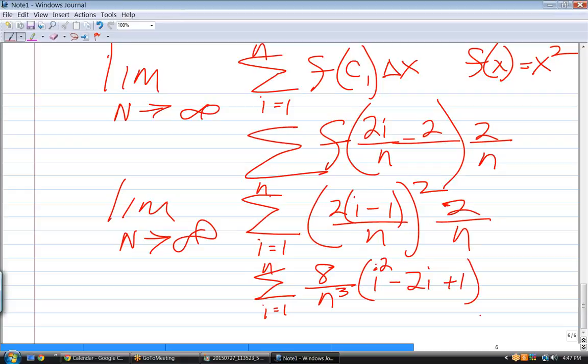The person that decided to use I as a variable in math was short-sighted, because it's really difficult on problems where you have ones and i's. In other words, if I expand that, square it, multiply it by 2 over n, this is what I get.